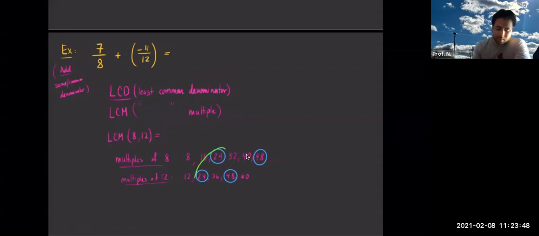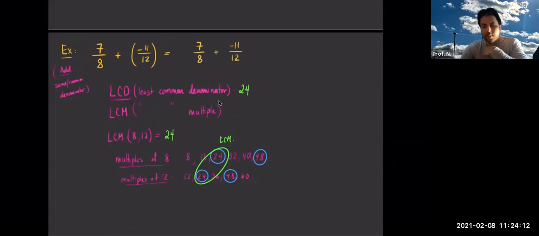That's the smallest one. That's going to be the least common multiple. So that's why we say it's 24. So my LCD is 24. Great. Now once I know that my LCD is 24, what do I do with this information? Why is this helpful now? Once I establish the LCD, how do I use it?